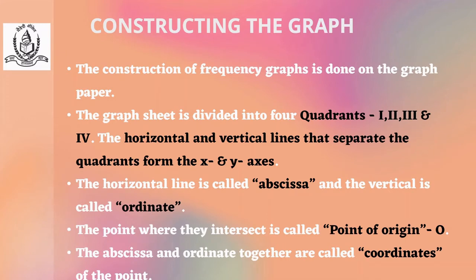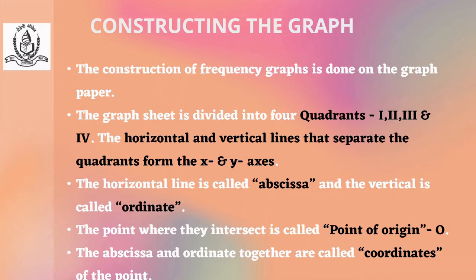Let's look at how we finally plot and work on that paper which we call the graph paper. Construction of the frequency graphs on the graph sheet requires us to divide the entire sheet into 4 quadrants numbered with the Roman numbers as 1, 2, 3 and 4.